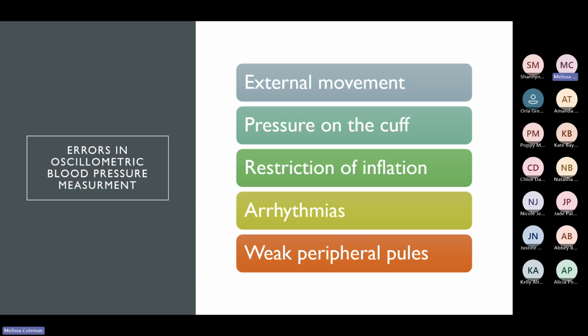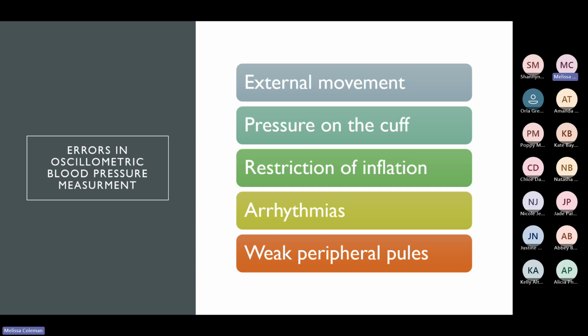Any pressure on the cuff can cause wrong readings. Restriction of inflation: if your patient is positioned in a way that there's pressure on the cuff and the cuff can't expand, you will not get a realistic reading.